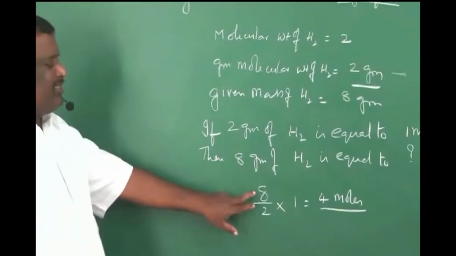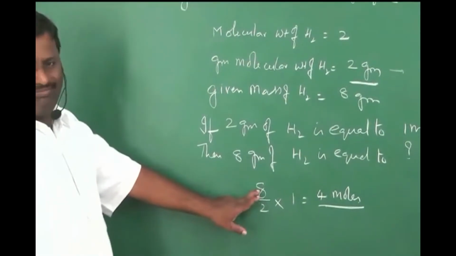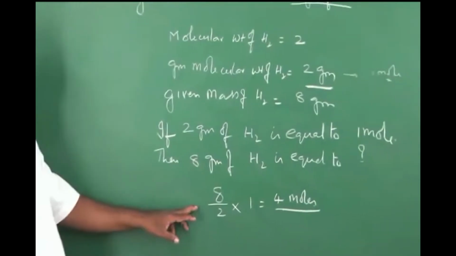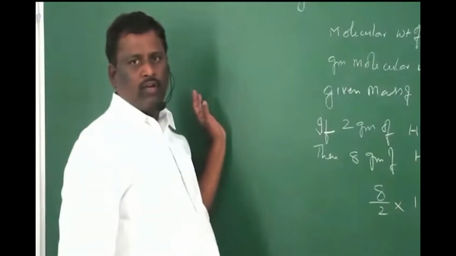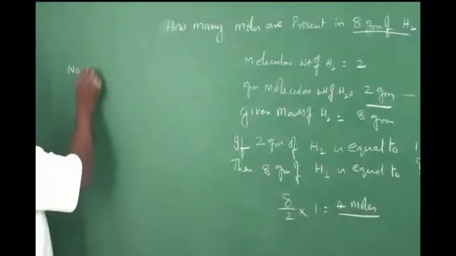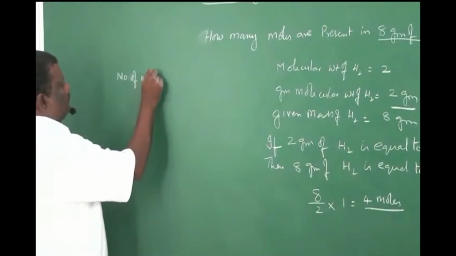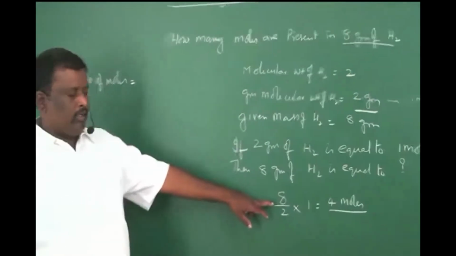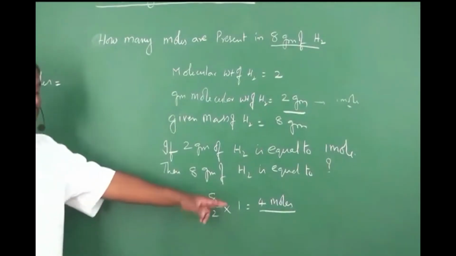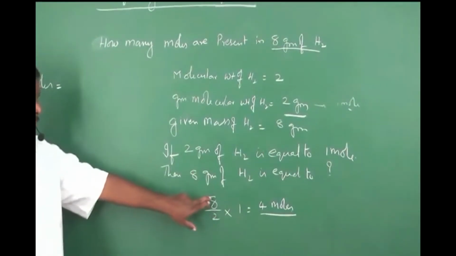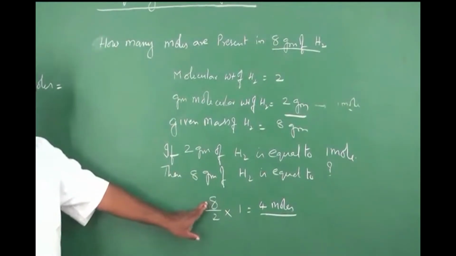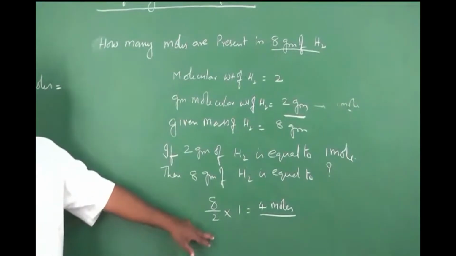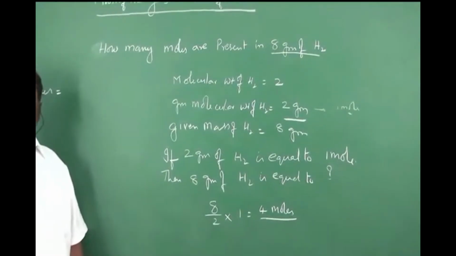From this, you can simply derive a formula for number of moles. Here number of moles is equal to, how did you get that number of moles? 8 by 2 into 1. That means mass of the gas by its gram molecular weight will give you the number of moles.